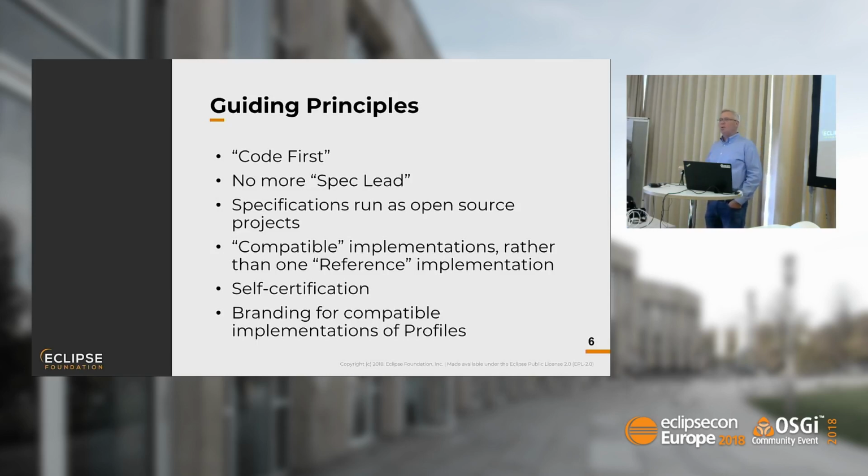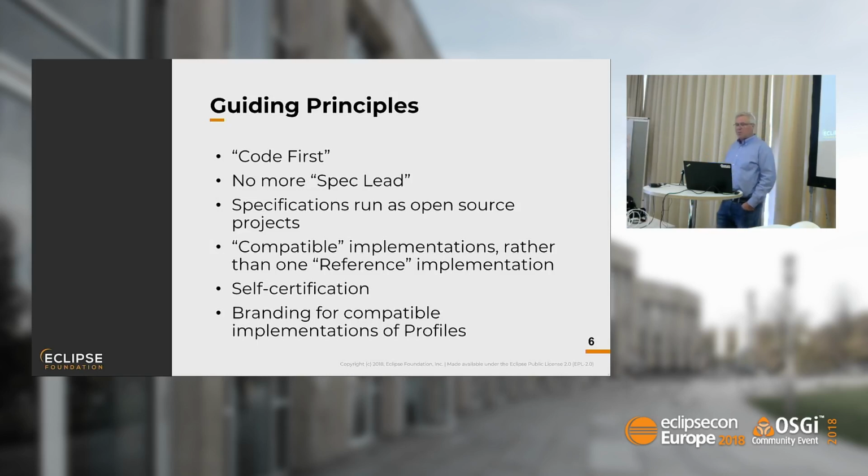Lots of people can write software that nobody cares about. If you have neither written software nor demonstrated that anybody cares, why go to all the trouble of writing a spec? So when we say code first, we want to lead through innovation, through building open source implementations, demonstrating that somebody actually wants to use this stuff, and at that point, okay, let's talk about turning it into a spec.